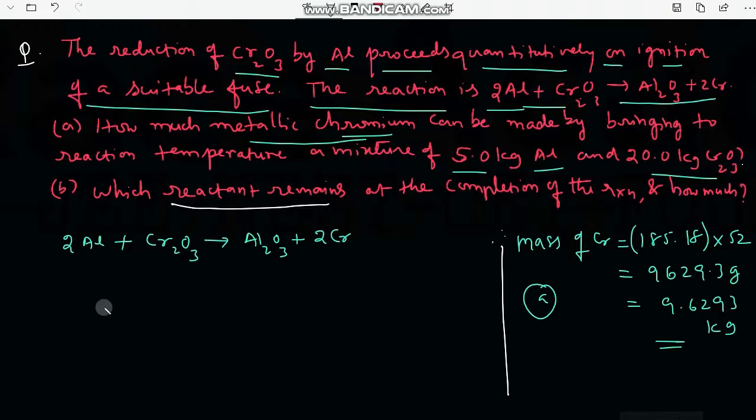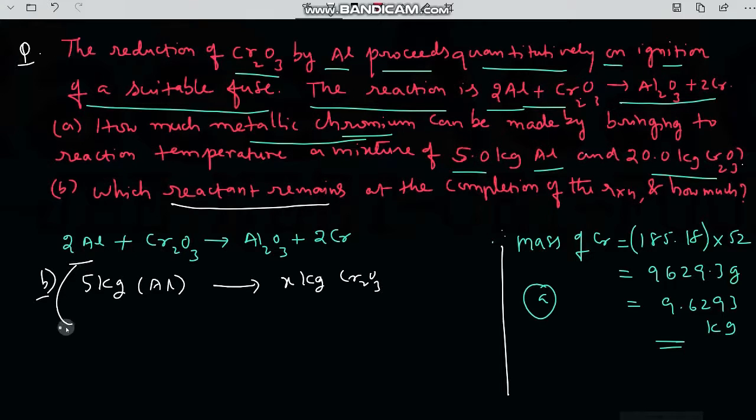Now we will see the second one. We have 5 kilograms of aluminum. This is said to give how many kilograms of chromium oxide, which we will find out. Before that, we know that 2 moles of aluminum, that is 54 grams, assume 54 kilograms, gives 1 mole of chromium oxide.